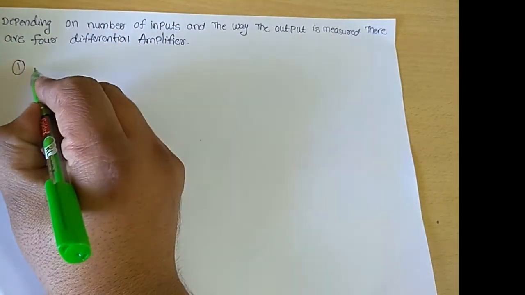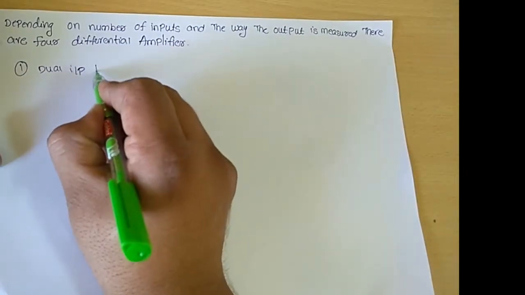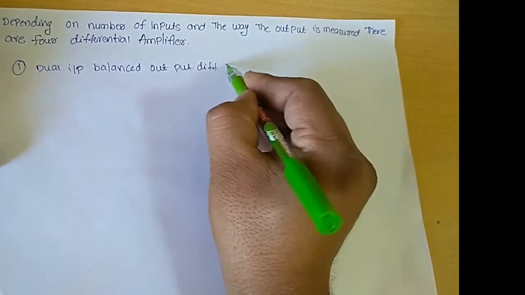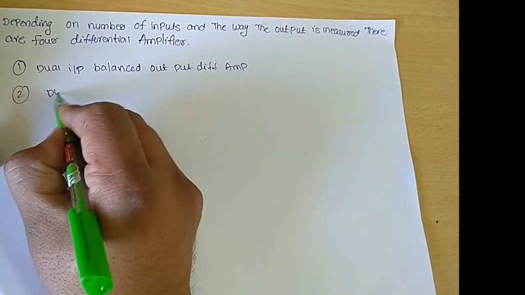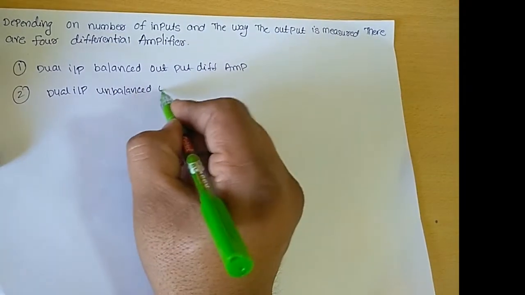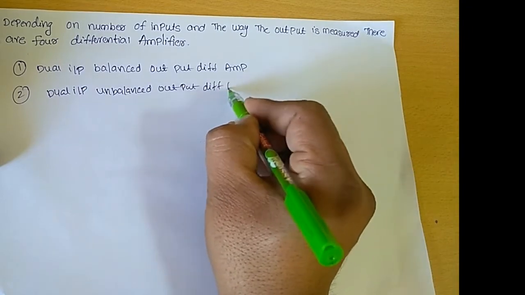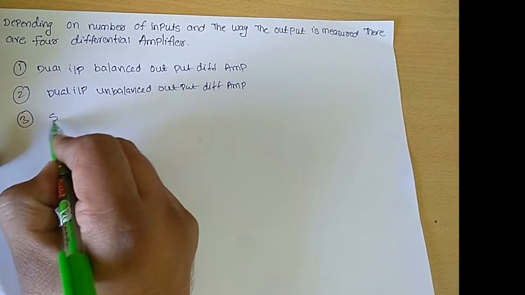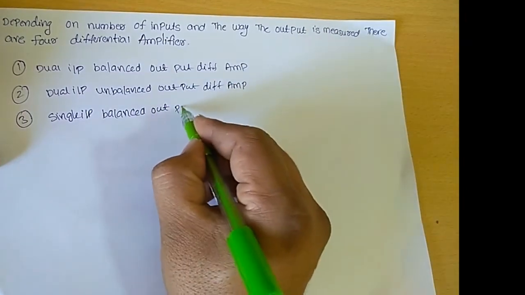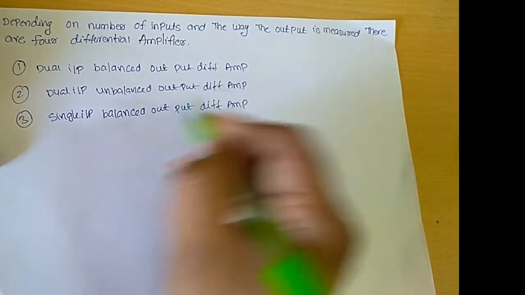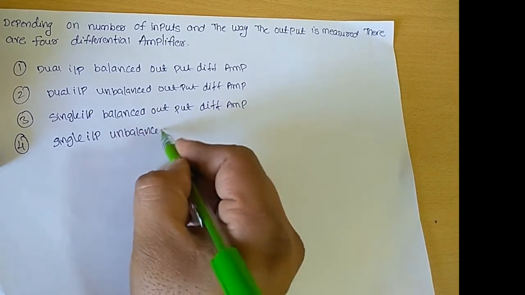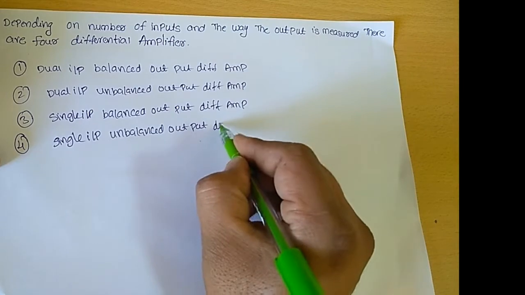The first one is the dual input balanced output differential amplifier, and the second one is the dual input unbalanced output differential amplifier, and the third one is single input balanced output differential amplifier, and the fourth one is single input unbalanced output differential amplifier.